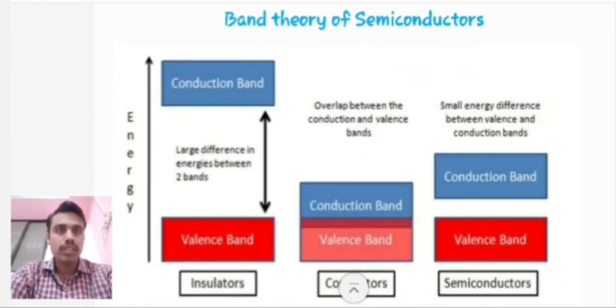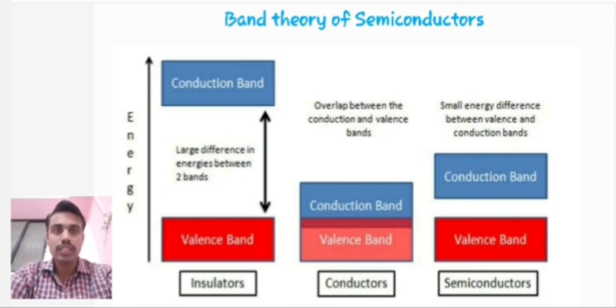Now we should classify the semiconductors on the basis of the energy band gap. So the band theory of semiconductors can be studied on this basis. We should understand three different energy bands available in a solid structure.